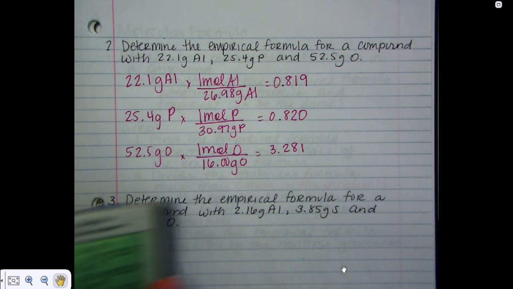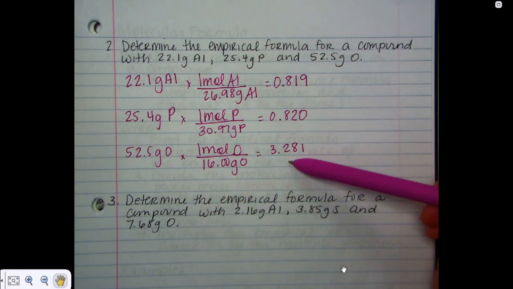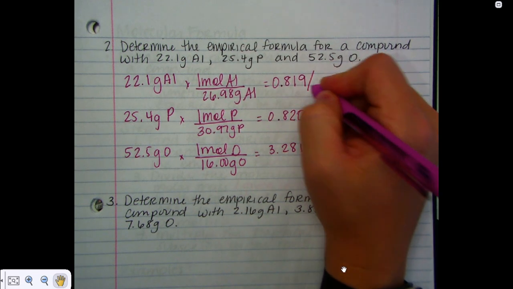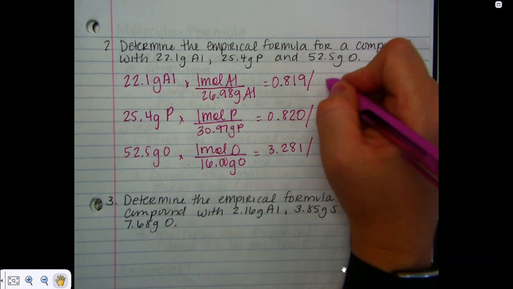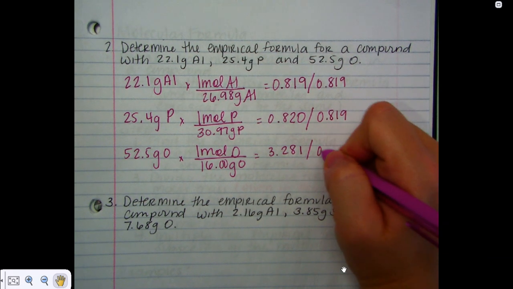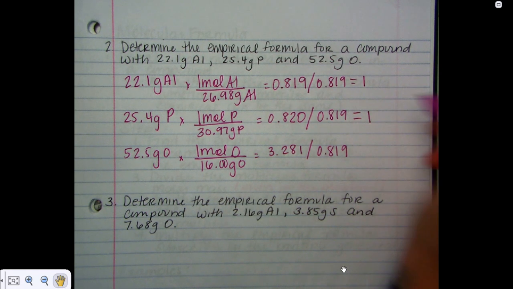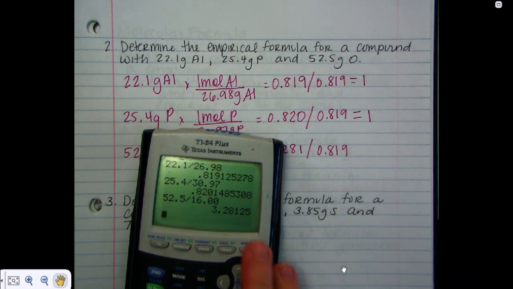Okay, so percent is grams, we didn't have to do that, and grams to mole, we have our moles. Divide by the smallest. So the one for aluminum is going to be slightly smaller, and you should realize right away that that's going to be 1 and 1, right? So the only one we really have to look at is that last one.